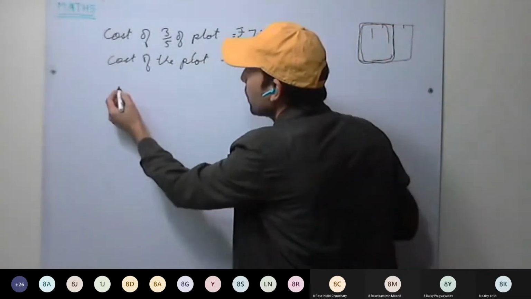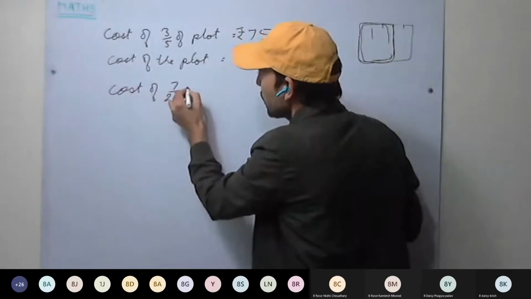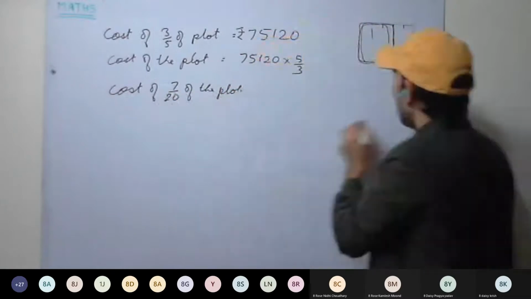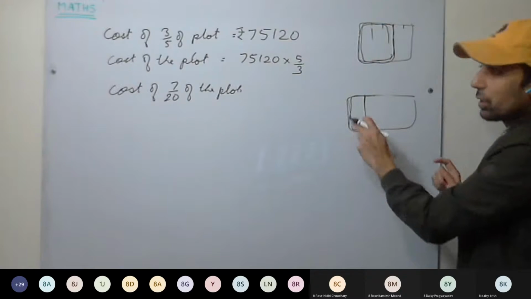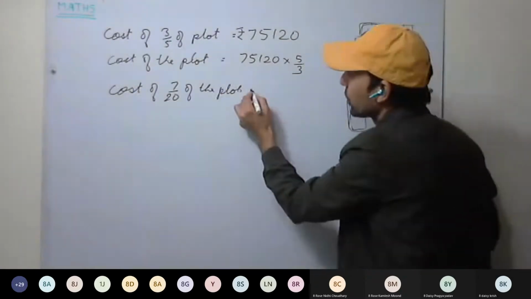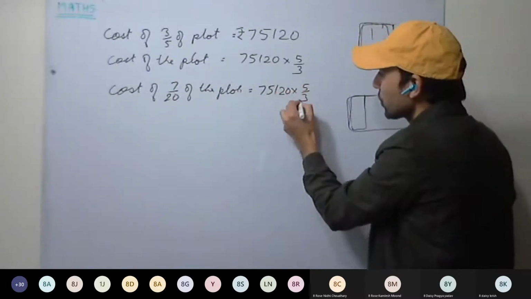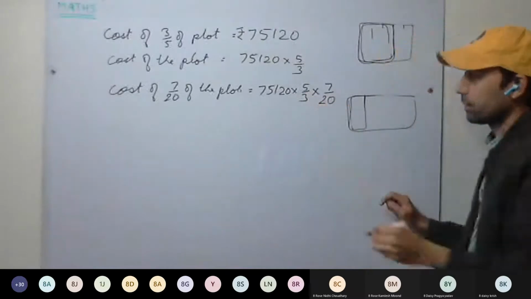Okay. Now the cost of 7/20th of the plot. Only out of 20 parts, only 7 parts cost. What will be the cost of only 7 parts out of 20 of the whole plot? 75120 into this, the cost of the whole plot, multiply with 7/20.